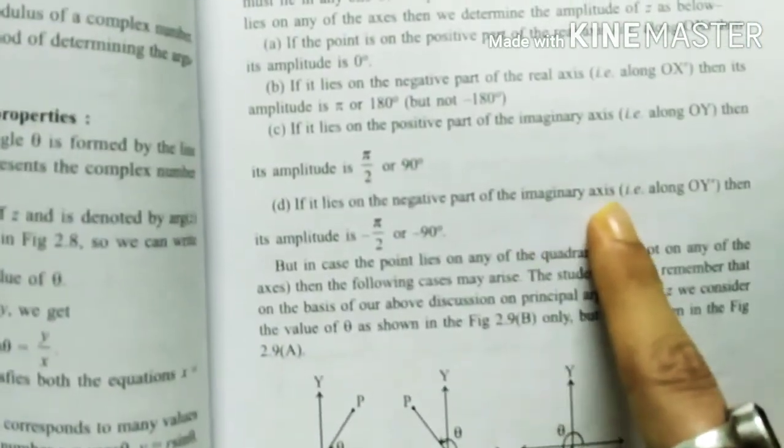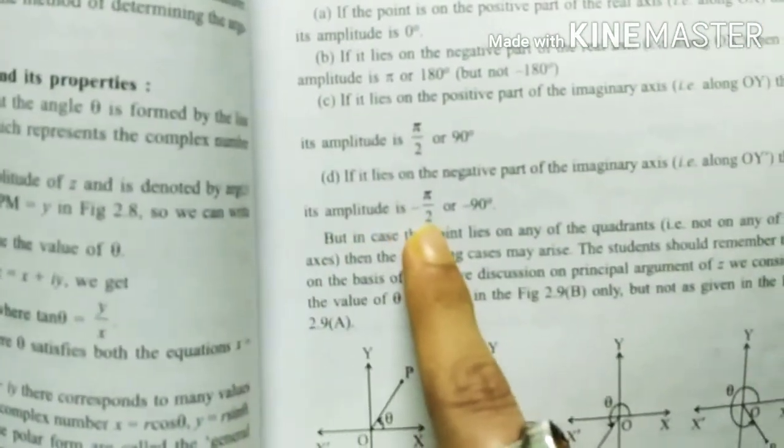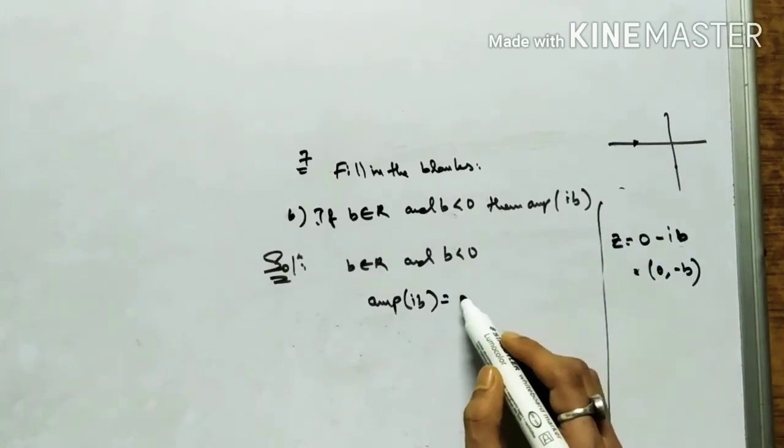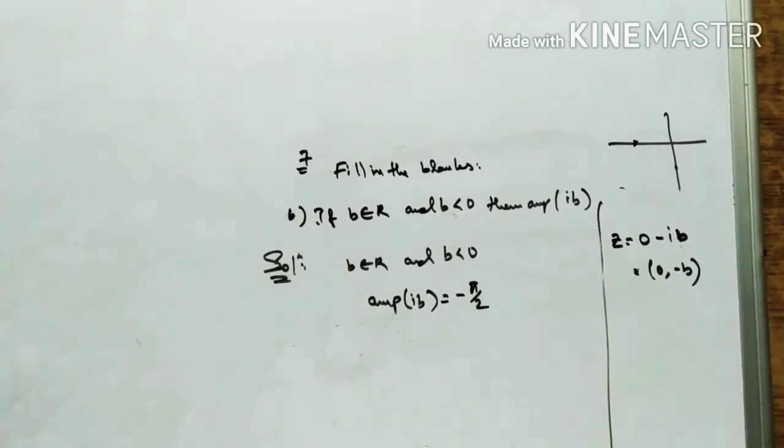If it lies on the negative part of the imaginary axis, then the amplitude is minus pi by 2. So the amplitude of iB will be minus pi by 2.